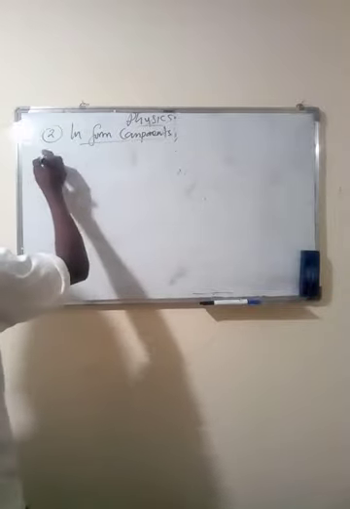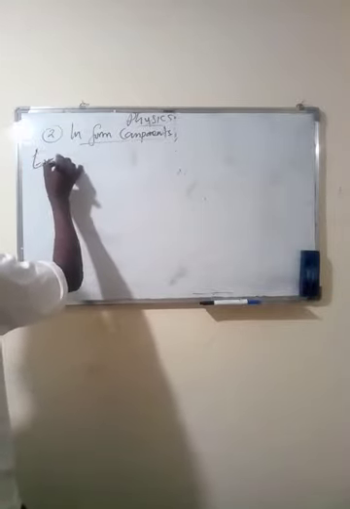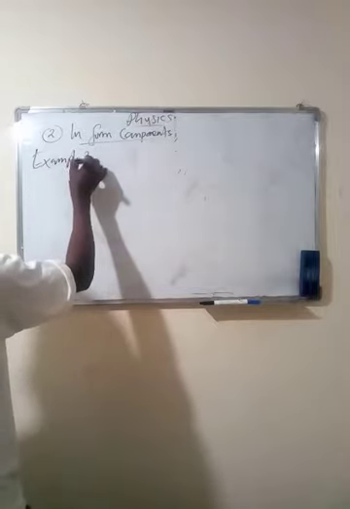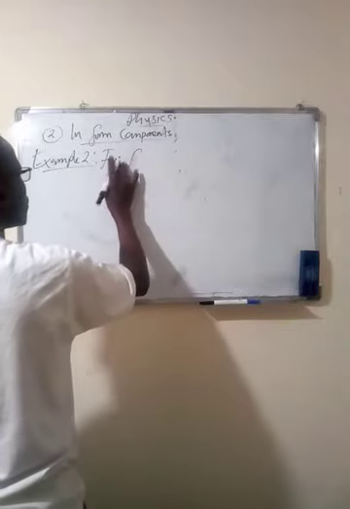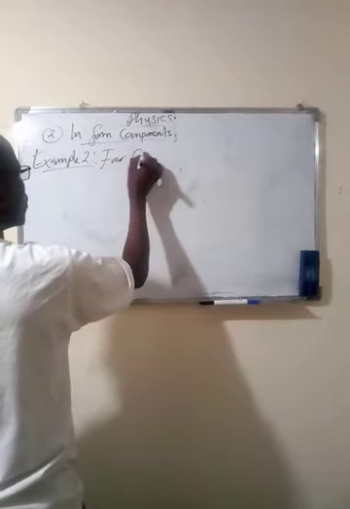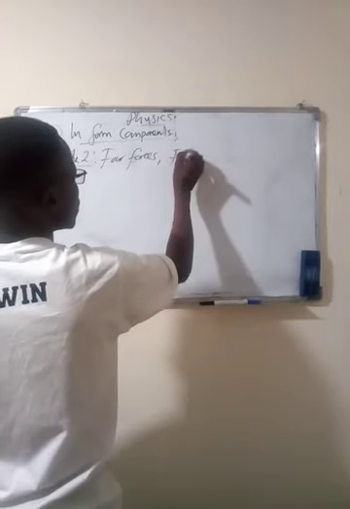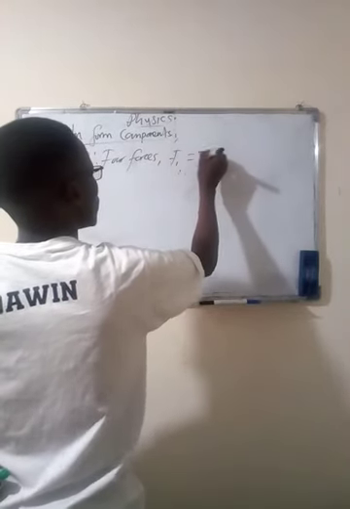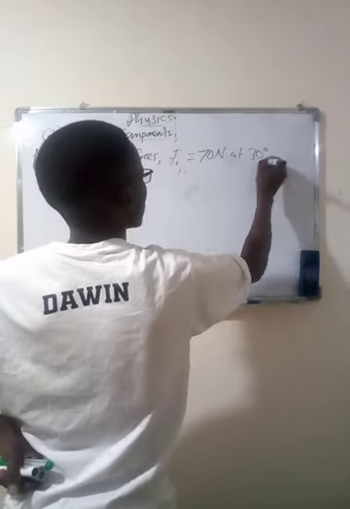So let's say example 2, 4 vectors, 4 forces. F1 equal to 70 newtons at 30 degrees.